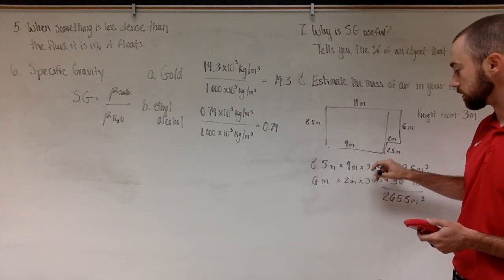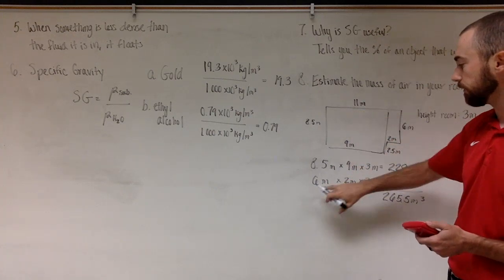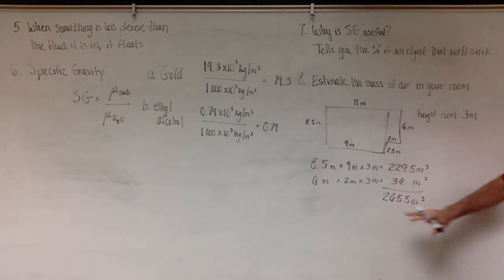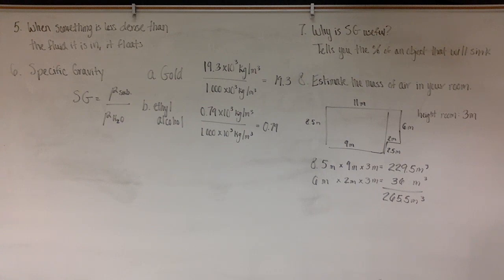So I did 8.5 times 9 meters times 3 to find the volume in this section. Then I did 6 meters times 2 meters times 3 meters to find the volume in this section. Added them together and found that the room is approximately 265.5 cubic meters.